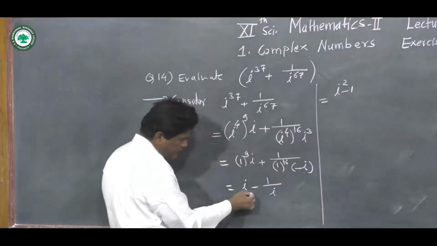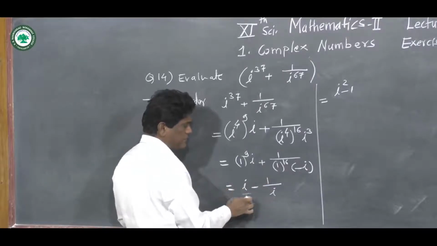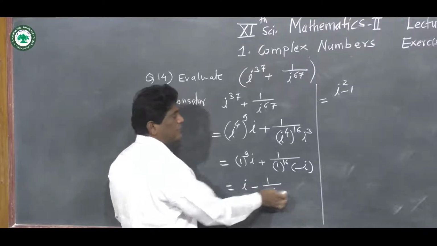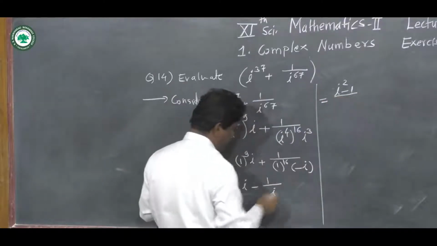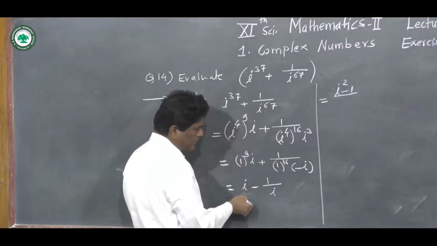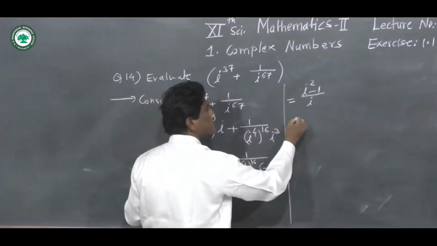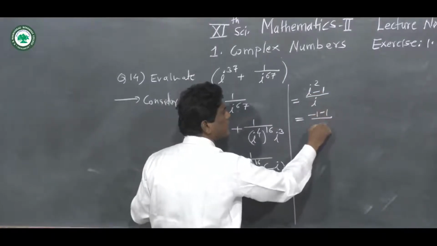Here the denominator is 1, we take the product of this minus the product of this divided by the product of the denominators. So I into I square minus 1 divided by 1 into I, that is I. So I square is again minus 1, minus 1 divided by I.